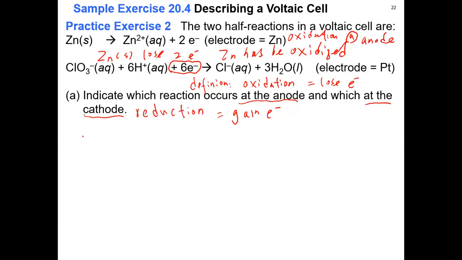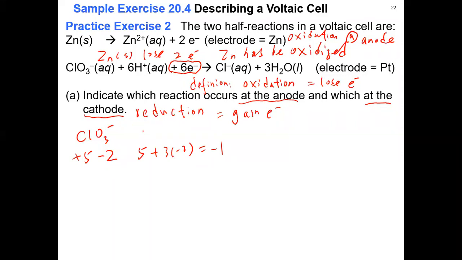You can see ClO3 minus, and we use a rule: oxygen has oxidation number -2, so chlorine is plus 5. Why? Because 5 plus 3 times -2 equals -1.